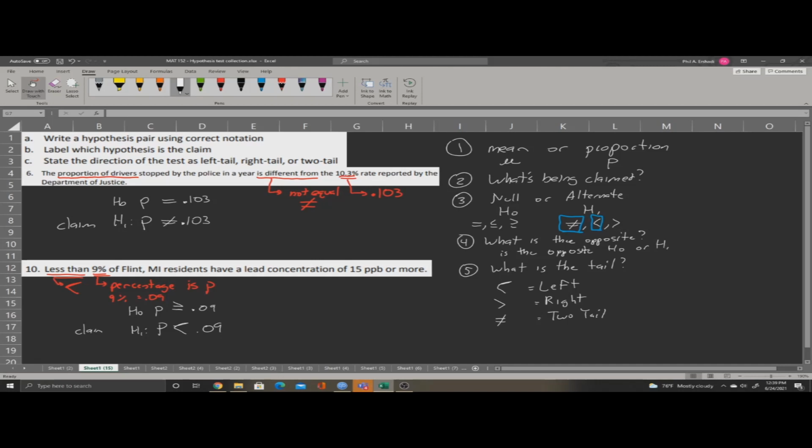Once again, we are just looking at the alternate. In problem 6, our alternate says not equal. And we'll call this two-tail. In problem 10, our alternate says less than, and so this will be left tail.